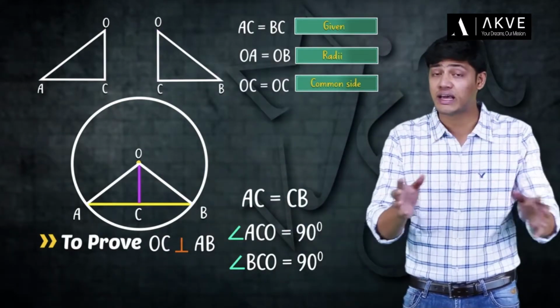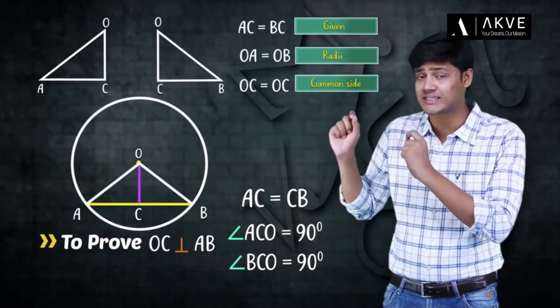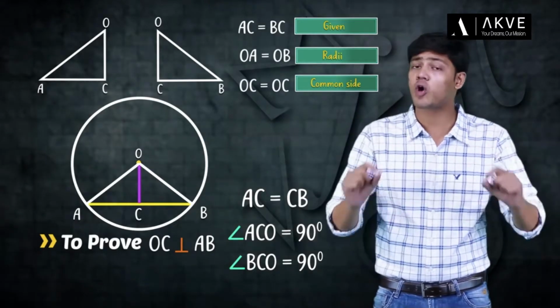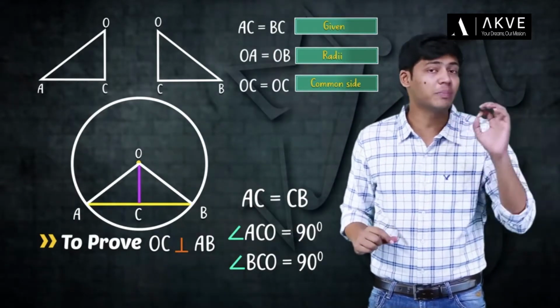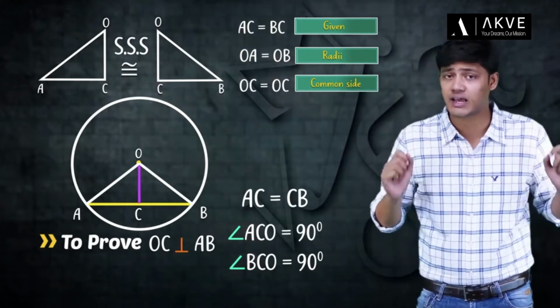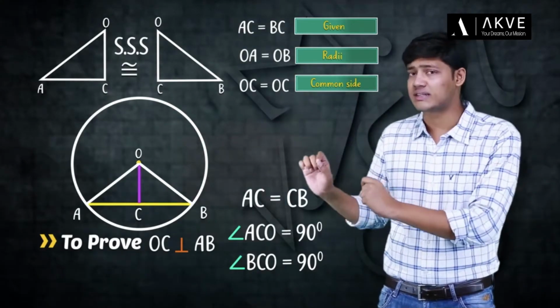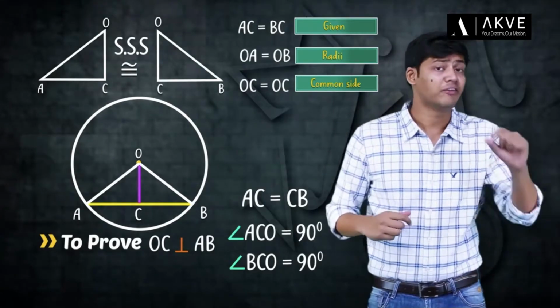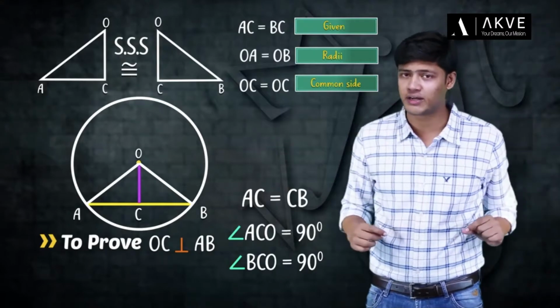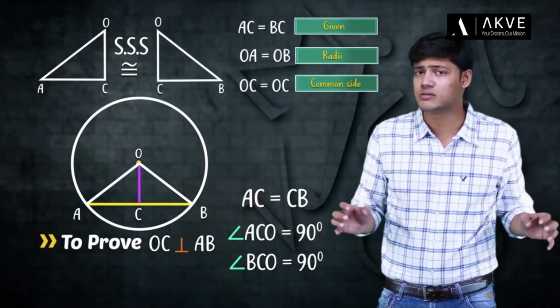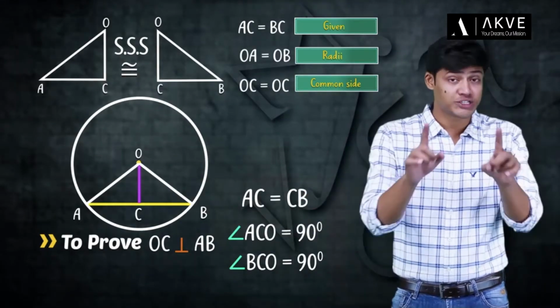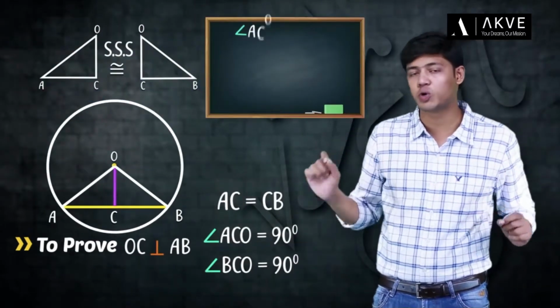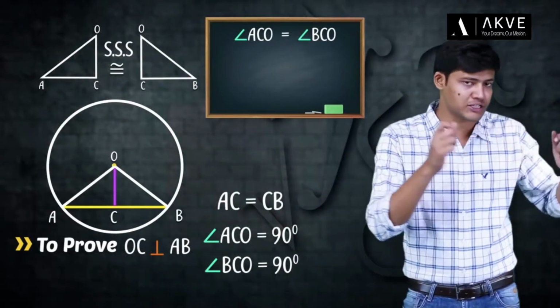So, we can clearly see that all the corresponding sides of both these triangles are equal, which implies that by SSS criterion, both these triangles are congruent. So, we know that if these two triangles are congruent, then their corresponding angles must be equal as well, which implies that angle ACO is equal to the angle BCO.